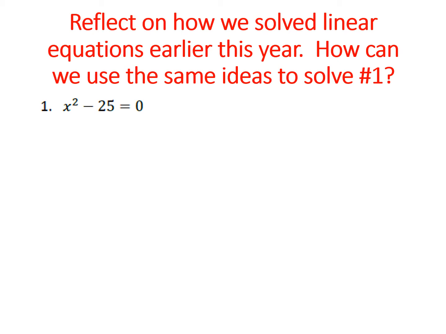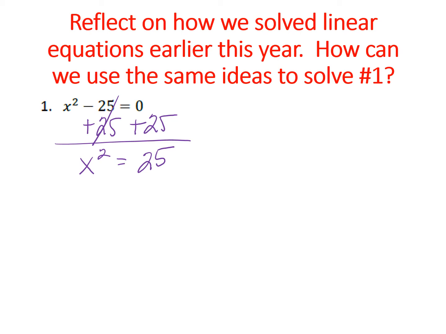Well, x is being squared, and then we're subtracting 25. I would always ask you, what's the last thing you just said? That would be we subtract 25. So we need to do the opposite of that, and the opposite of subtract 25 is add 25. So step 1, we will add 25 to both sides. So we're left with x squared equals 25.